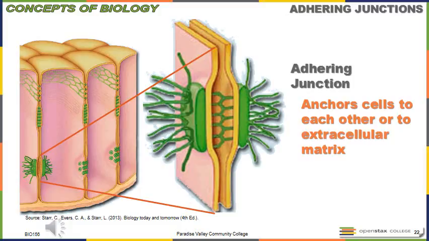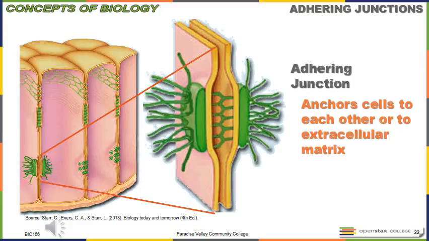If you stuck your fingers through a piece of cloth and grabbed onto something on the other side and pulled whatever you grabbed onto close to the fabric, you've created this junction where these finger-like projections are holding tightly onto something on the other side.